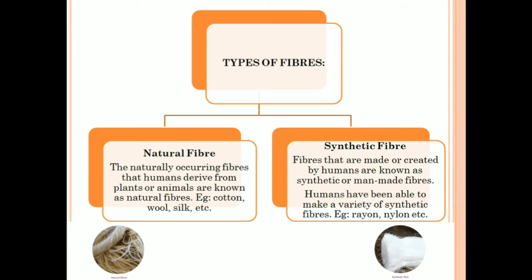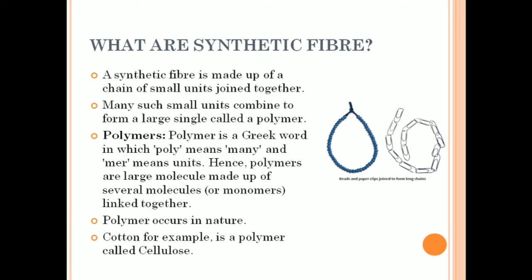And the examples of synthetic fibers are rayon and nylon. So in this chapter we are going to focus on synthetic fiber only. In standard 7 we studied about natural fibers, but in this chapter we are going to see synthetic fibers. Now the question is, what is synthetic fiber? How are they made?